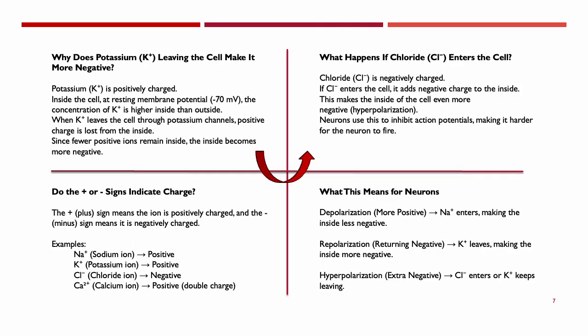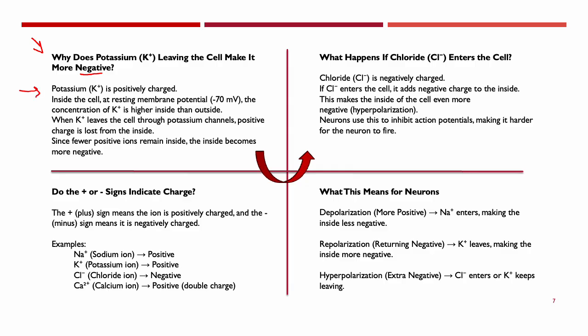Now, before we continue on with the propagation of action potentials in a neuron, we're just going to make a little detour and repeat something, because it is commonly an area where a lot of students might have difficulty grasping the concept. So the question is rather simple. Why does potassium leaving the cell make it more negative?